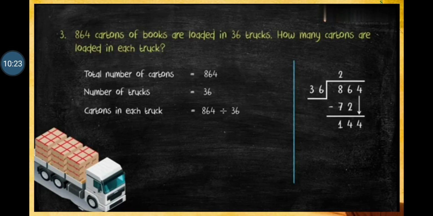Now think which number is multiplied by 36 to get 144, or we have to write the nearest number. 36 times 4 is equal to 144. So here no number is left over. So it means the quotient is 24 and the remainder is 0.